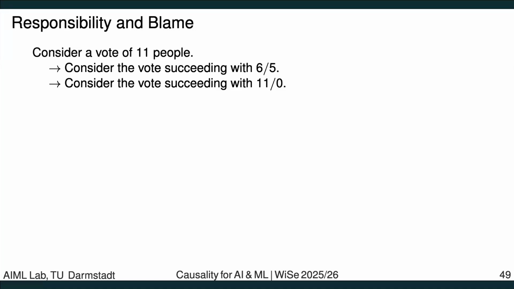So maybe every one of them has less responsibility than when the vote has an outcome of 6-5. So anyone switching actually would have flipped the vote, right? And made it fail. So this again assumes some sort of temporal ordering.